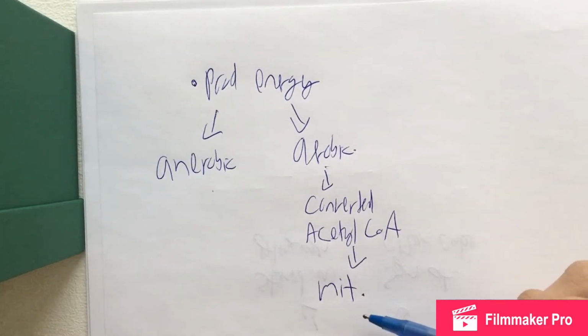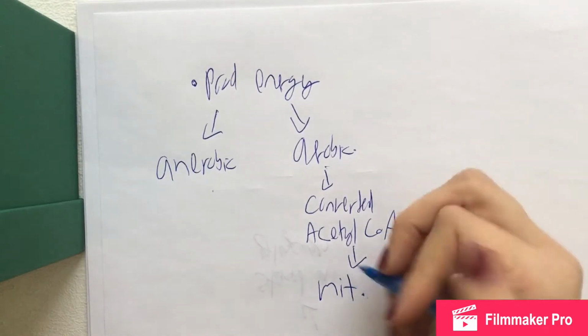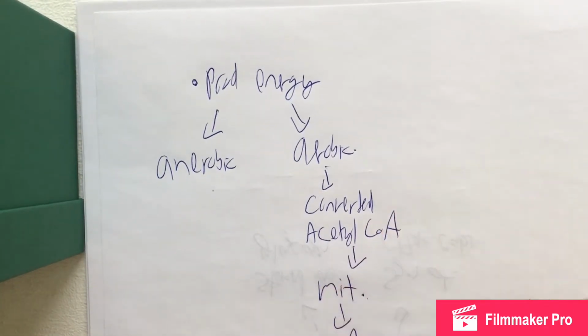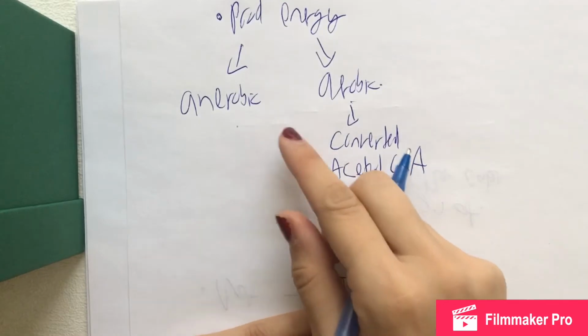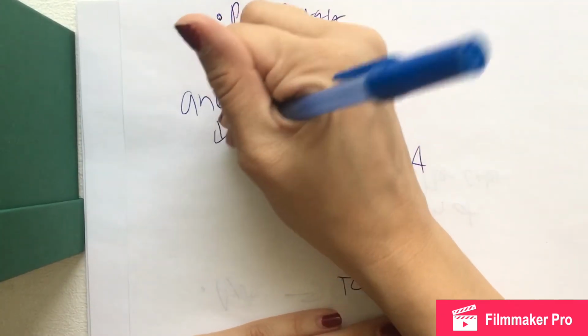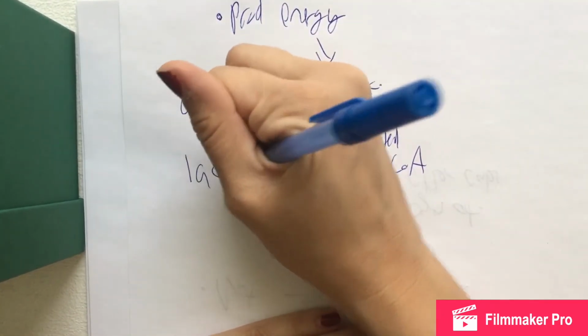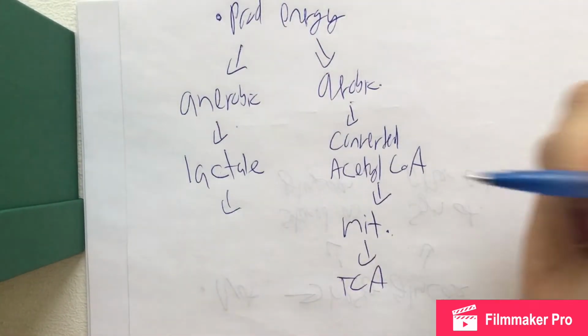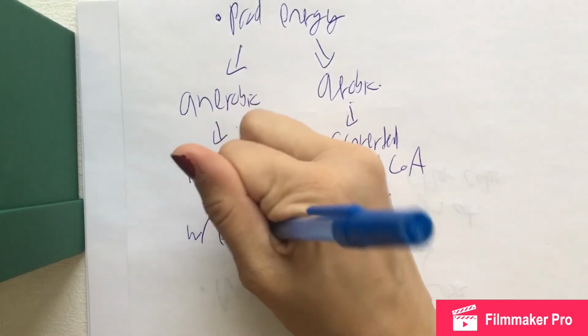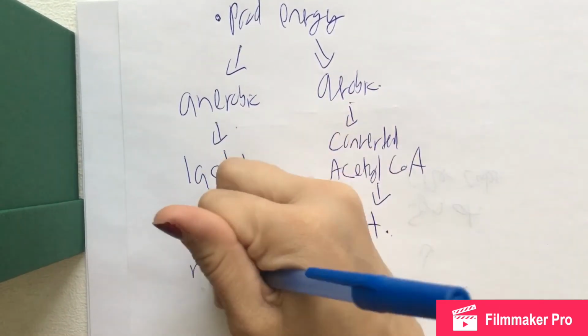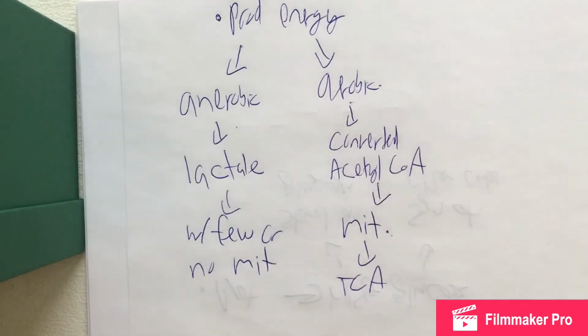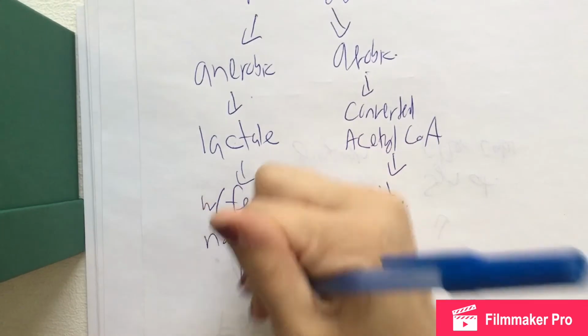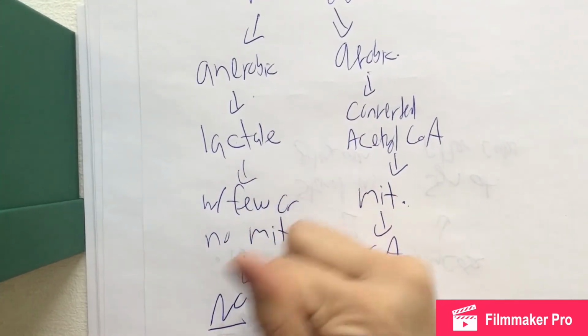This links glycolysis to the TCA cycle. Then if you're going to go the anaerobic path, the pyruvate will be converted to lactate. This occurs in cells with few or no mitochondria. This is not efficient because in the end it yields no ATP.